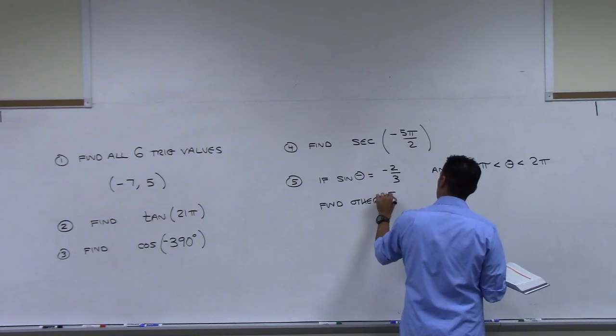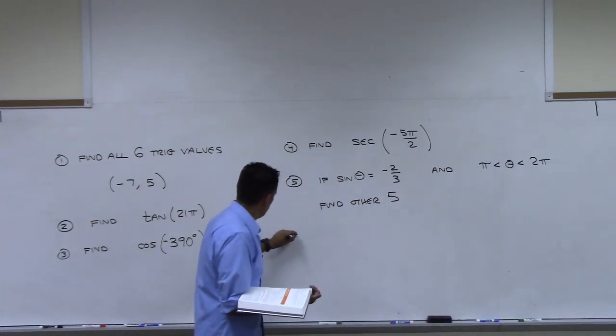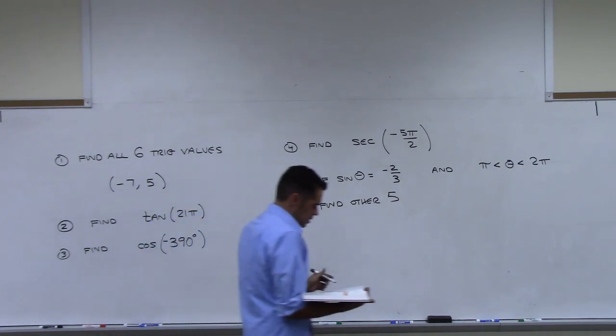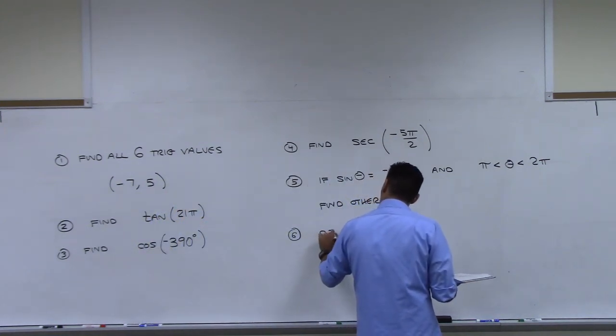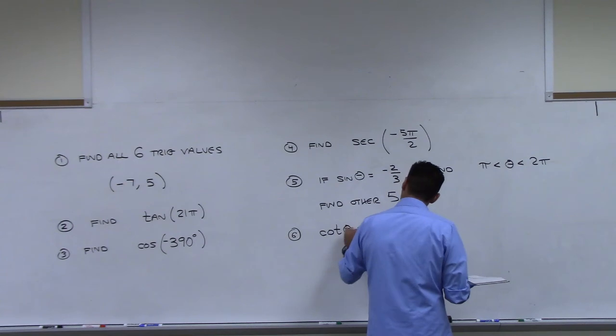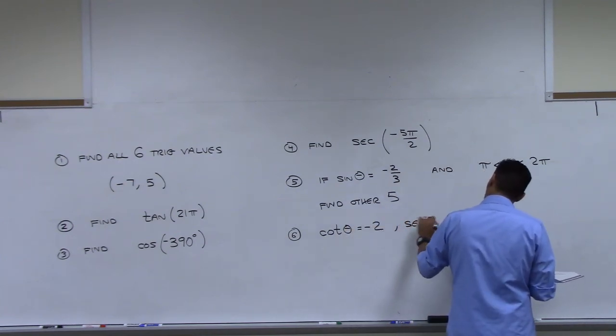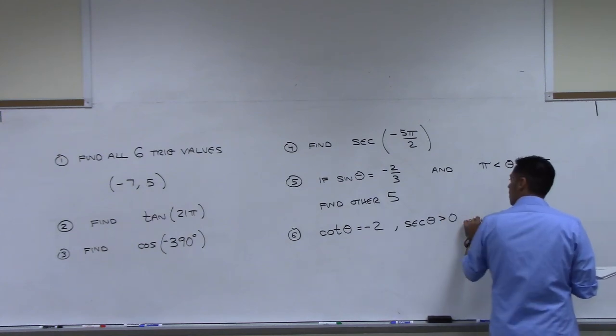You know what I mean by find the other 5? Okay. 6. This will be the last one. If cotangent theta is -2 and secant of theta is greater than 0, find the other 5.